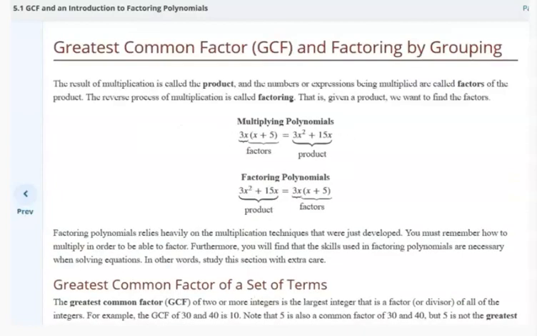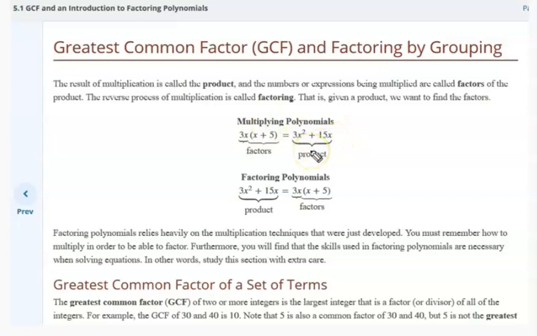Now, as you recall in that previous video, we talked about taking the element here, 3x, and then distributing it. 3x is a factor, and then the binomial is a factor, and we get a product.